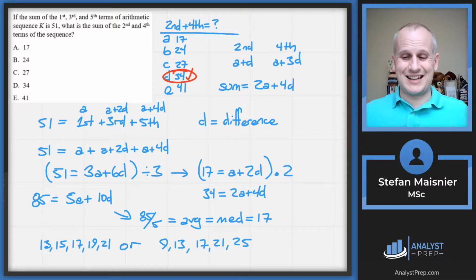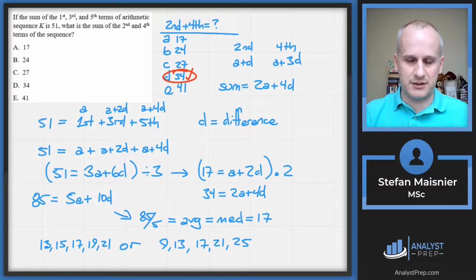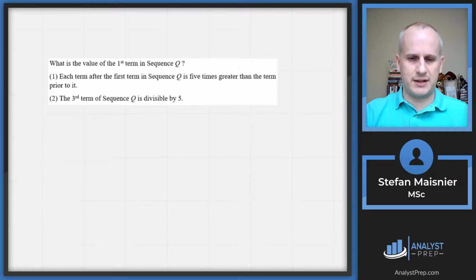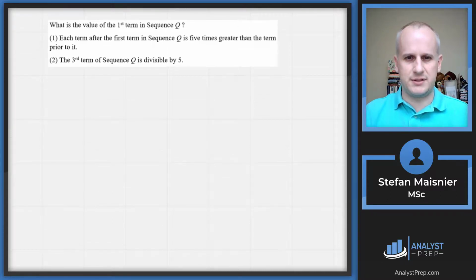I still get the exact same thing. So I don't want to fall into the trap of solving exactly, because I actually can't. So this is a good problem-solving example of how to work through a sequence and solve for exactly what you're looking for. Now let's scroll on down and we'll take a look at a data sufficiency example.